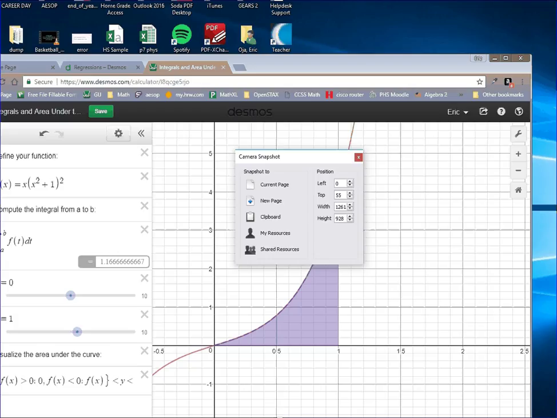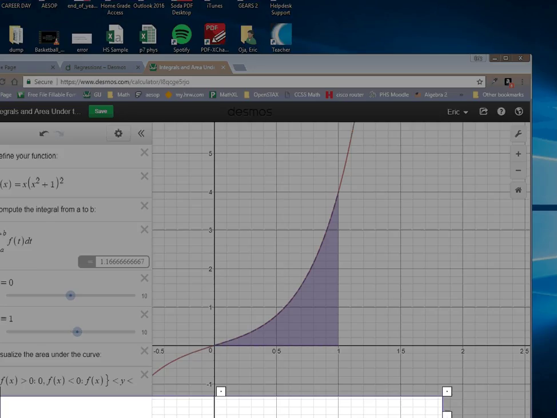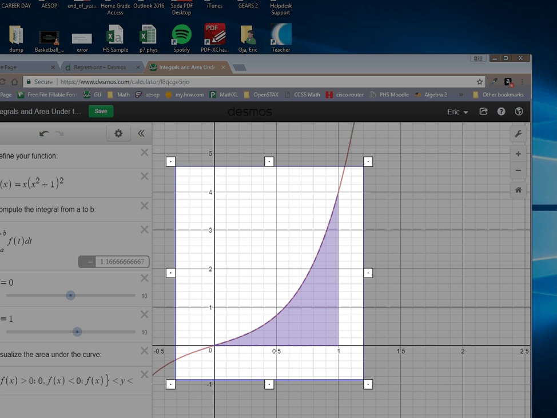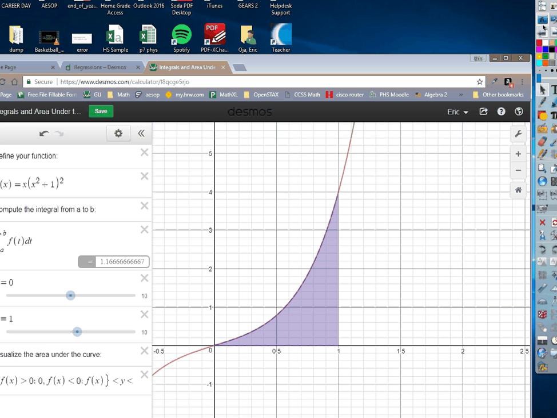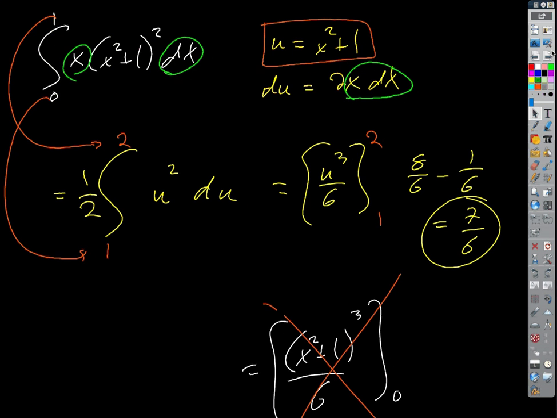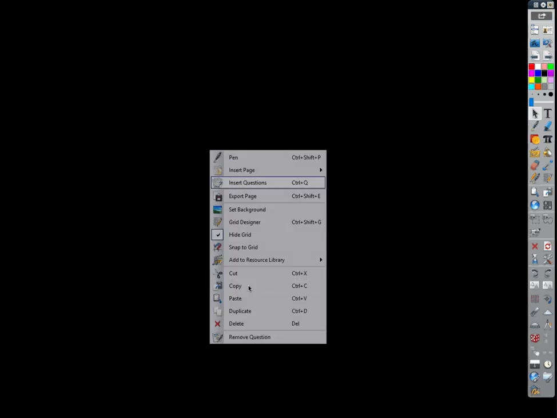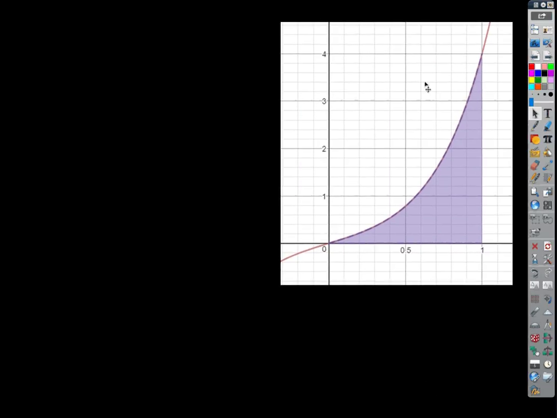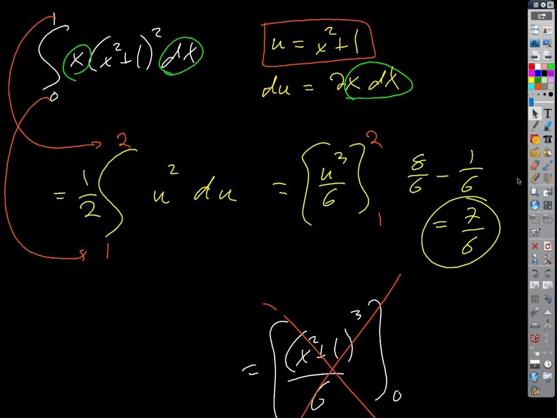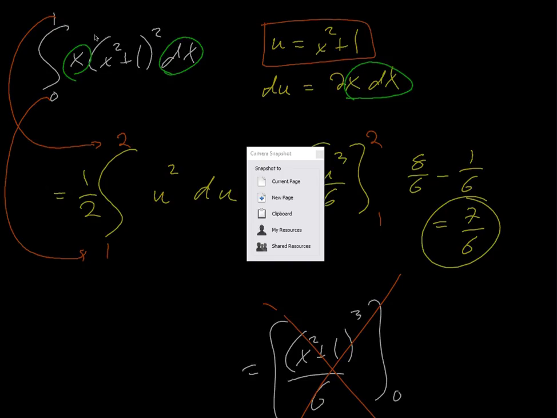I'll just record this for posterity for you. So there's the area that goes with that function.